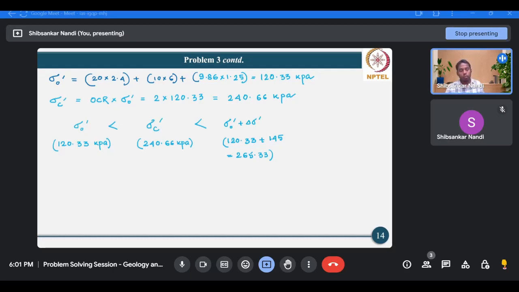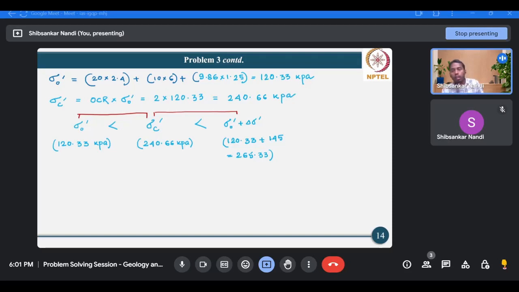So we have to calculate in two steps. The first step is from sigma 0 prime to sigma c prime, and the next step is sigma c prime to sigma 0 prime plus delta sigma prime. For these two different stress increases, we have to calculate separately, and then add the two components to get the final primary consolidation settlement.